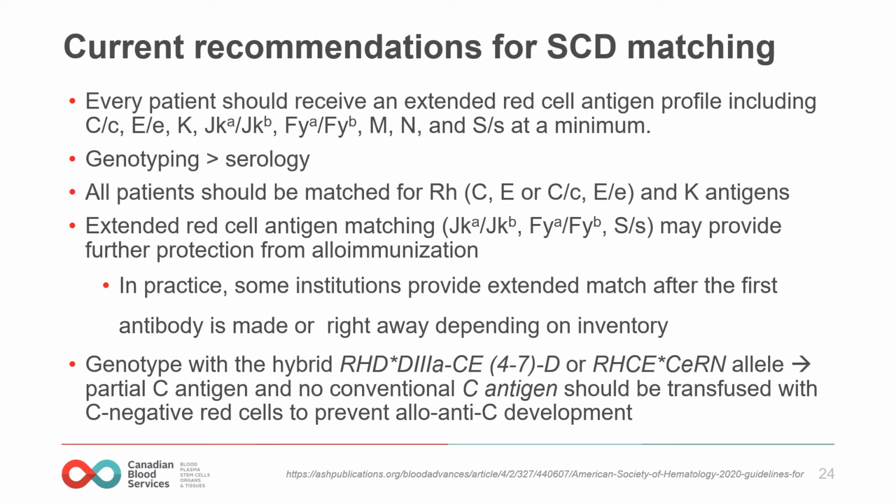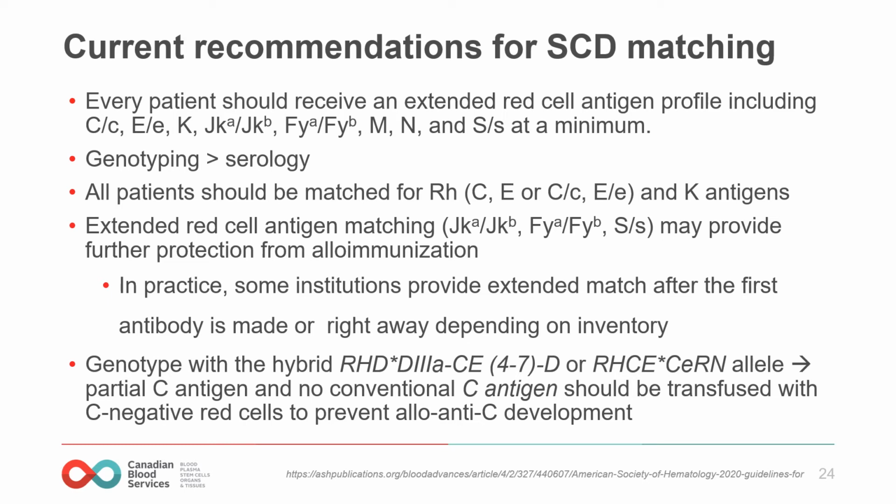The current recommendations for SCD matching according to ASH include that every patient should receive an extended red cell antigen profile including RH, Cw, KIDD, Duffy, MN, and the S's at a minimum. Genotyping is preferred over serology.